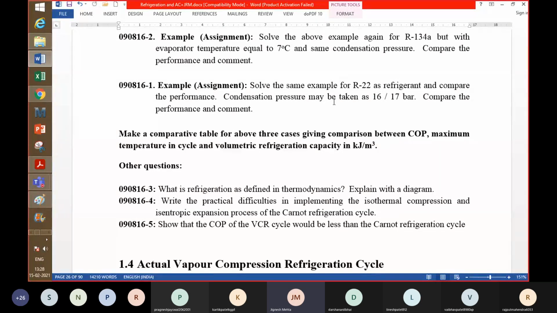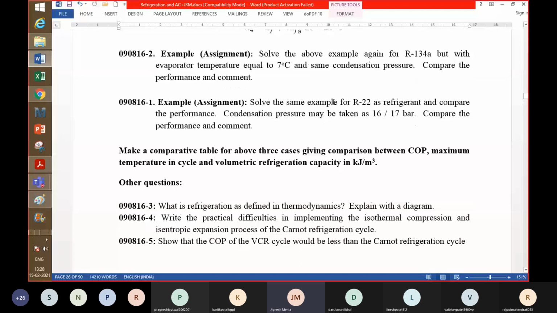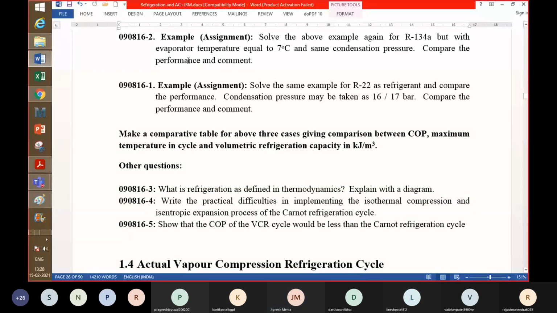Somewhat similar to what was done in class, but some parameters are changed. For example, rather than evaporator temperature equal to -20, you can take it as -7. And the same condensation pressure, let's say it is 10 bar or 1 megapascal, right? And for that you can evaluate the performance parameters.